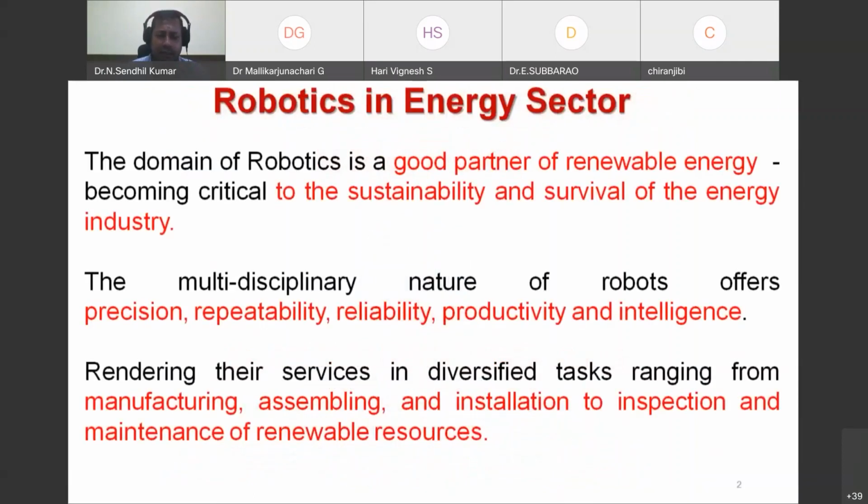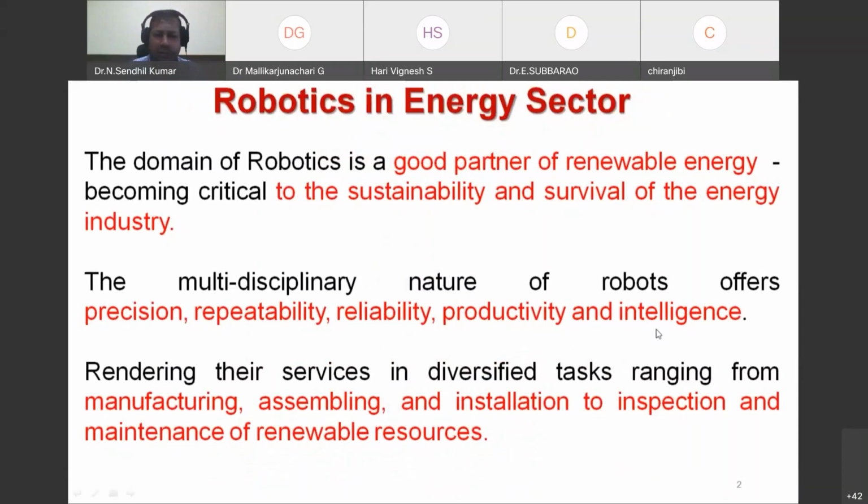You know that in the broad classification, renewable energy includes solar energy, wind energy, hydro energy, biomass energy, tidal energy, everything. Among these, why do we have to use robotics in the energy sector? In what way will it be useful, and how does it minimize costs?